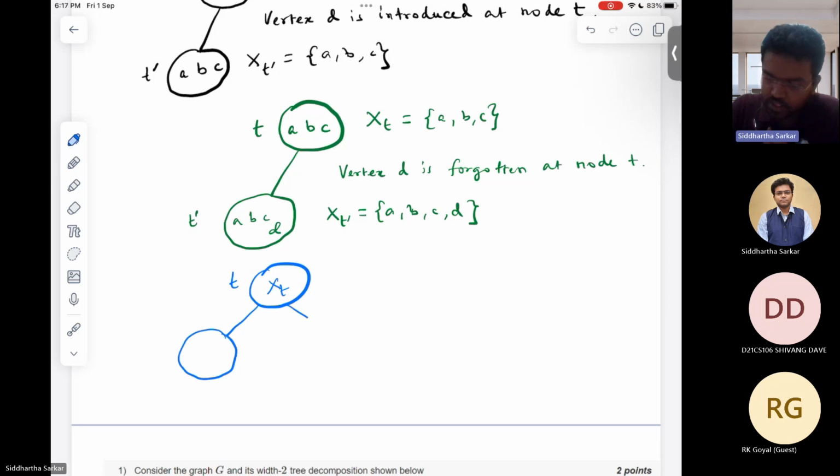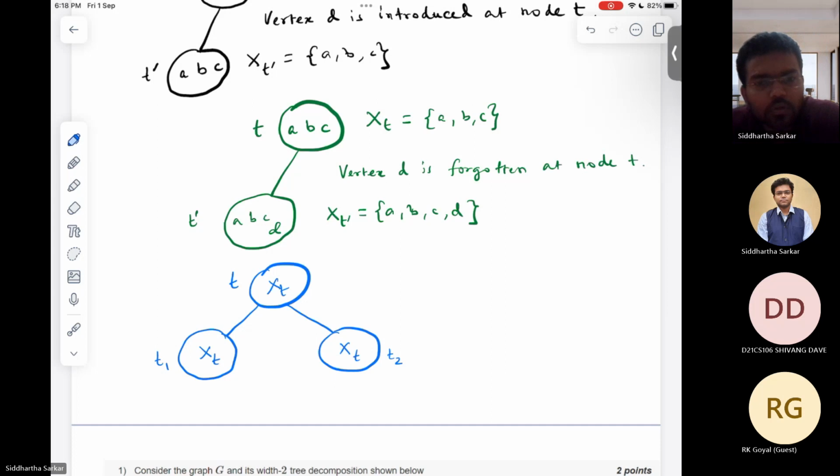It has exactly two children, T1 and T2, and they have exactly the same content as their parent. In that case, we will say that T is a join node.